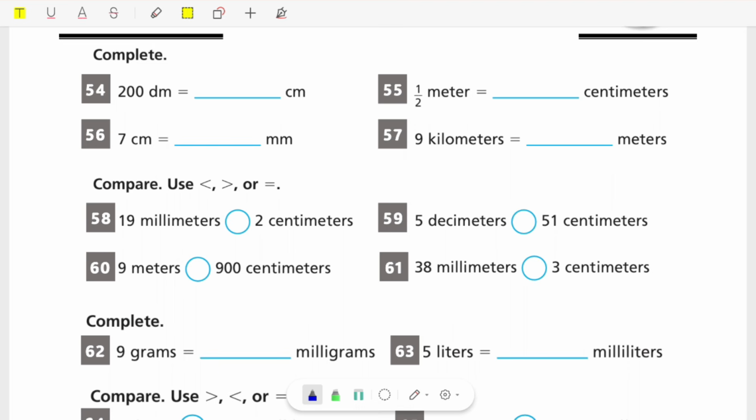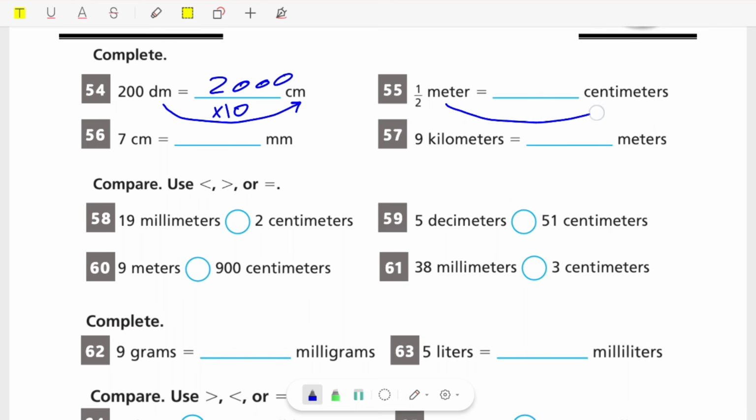So this is the conversion page. As I said before, I will give you the table of conversions attached in the exam paper to help you convert between units. Okay, so let's start with the first one. Decimeter to centimeter, we're going to multiply by 10, so it will be 2000.